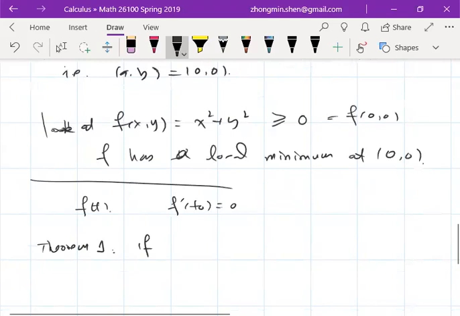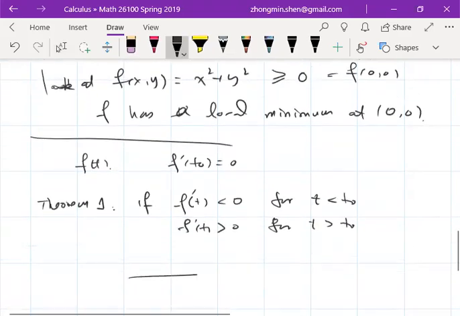that if the derivative is negative for t less than t0 and positive for t greater than t0, then the graph must go down, then go up. This side is negative, and this side is positive, so it's increasing.